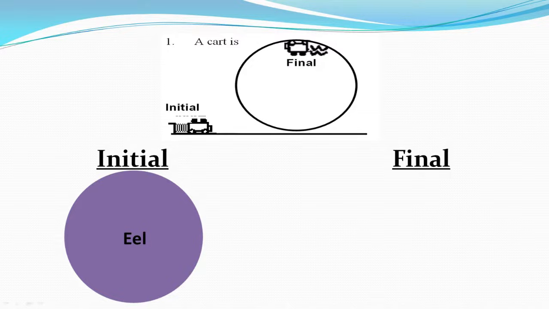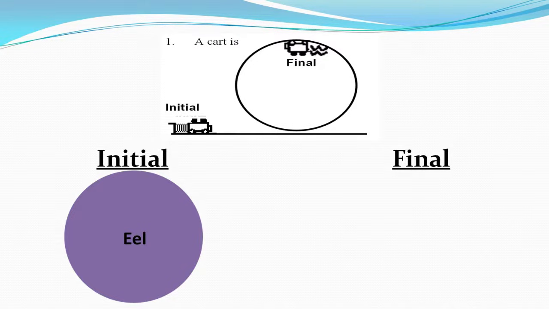At the final position, the cart is moving. It's moving fast enough that it's staying in that loop, and it's off the ground. So we can assume that kinetic energy and gravitational energy are probably about the same proportion. Because this cart is rolling around on the ground, it has kinetic energy, friction from the kinetic motion.